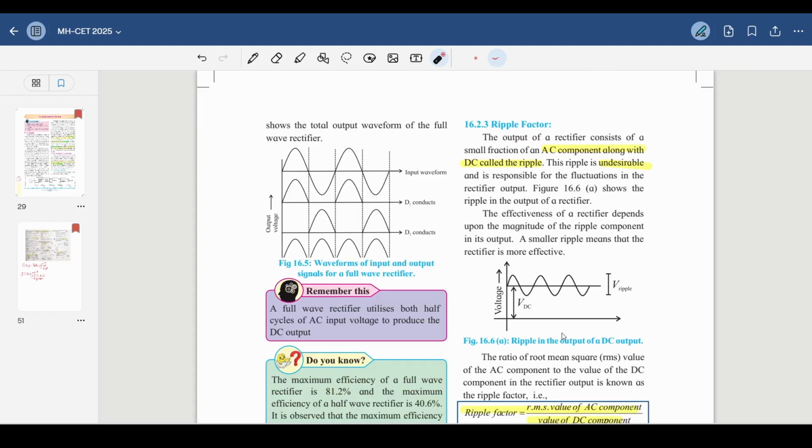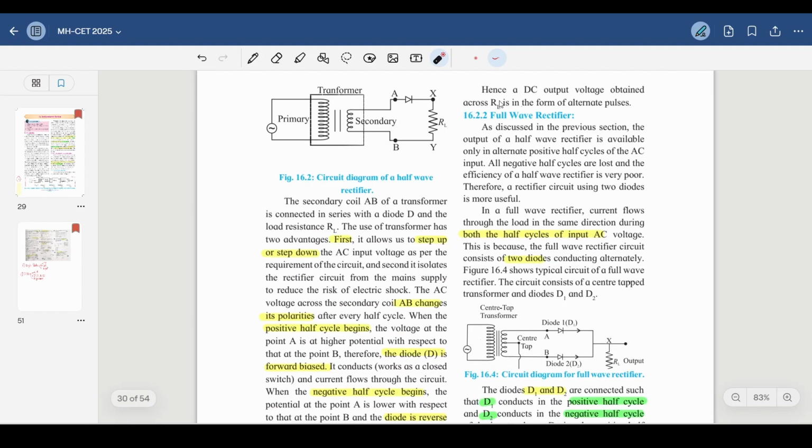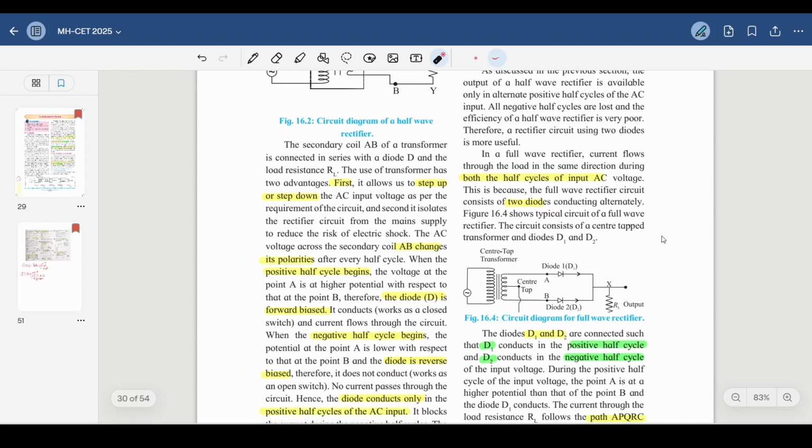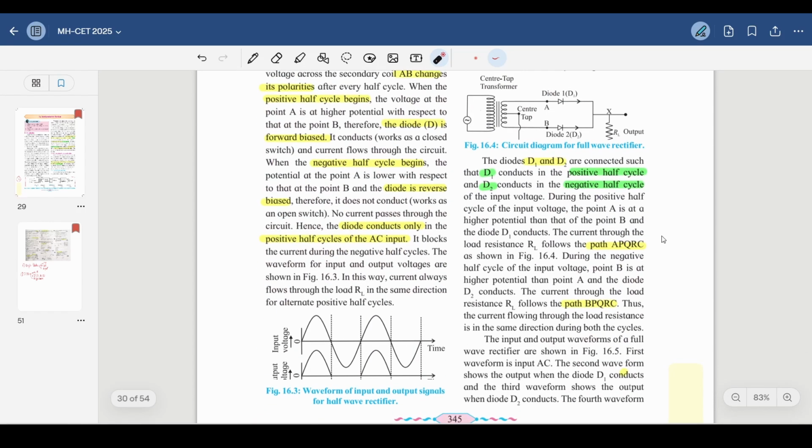Now I'll show you the similar thing for the full wave rectifier. In the case of a full wave rectifier, you're going to have two diodes, D1 and D2. What would happen while you're using two diodes? Both the half cycles will be passed through. So how is this done?